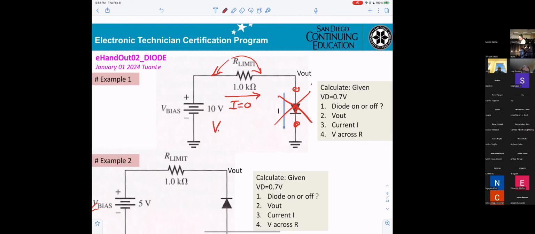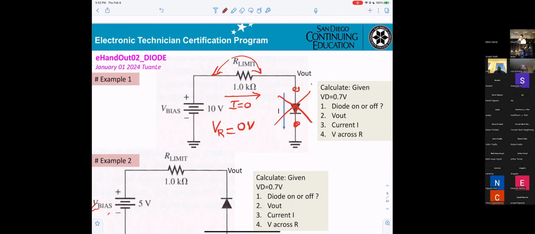VR equals I times R. If I equals 0, then there's no drop. So VR equals 0.